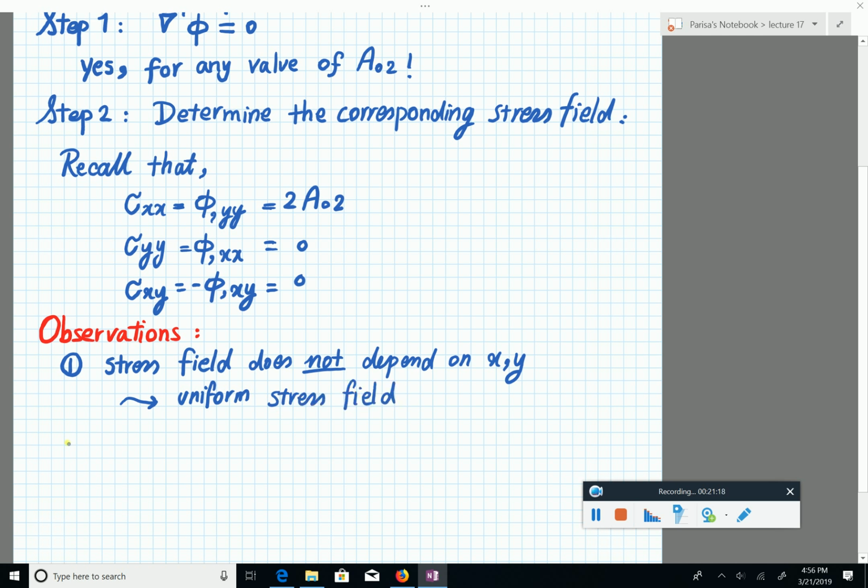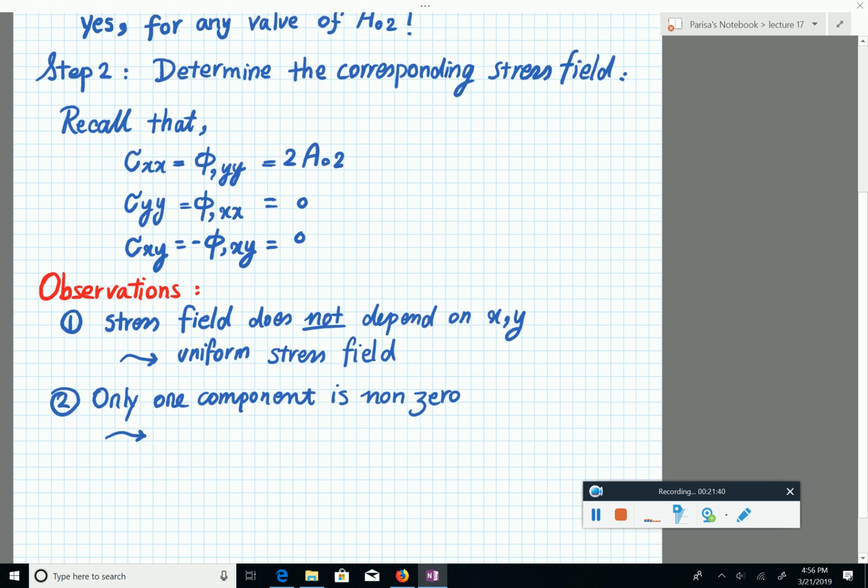Okay, and the other is it's uniaxial, right? Only one component is non-zero. So in your other life or in your earlier life, you talked about this as a uniaxial stress field.